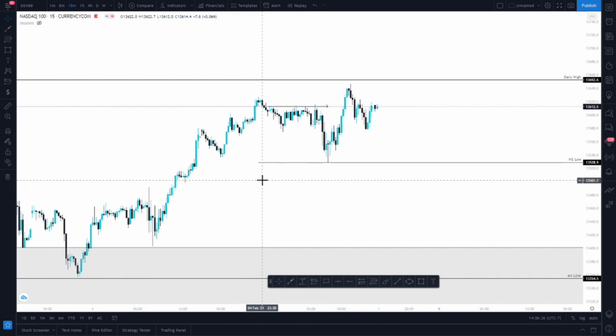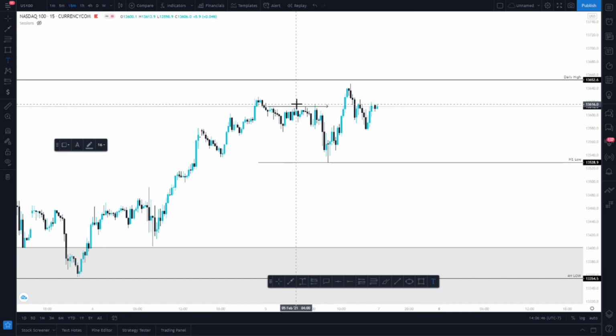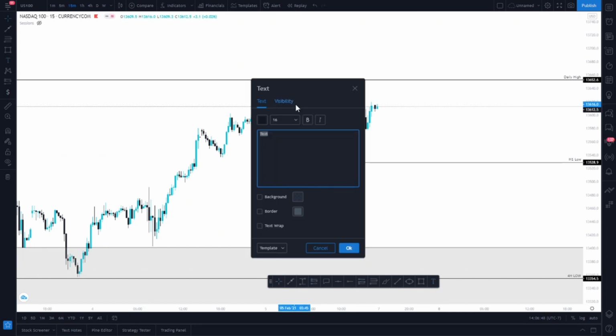We have equal highs, and what happened on our equal highs? The market broke our equal highs. So let's just name this equal highs.